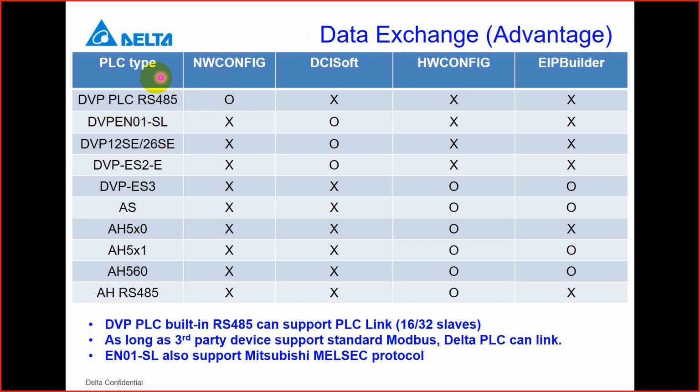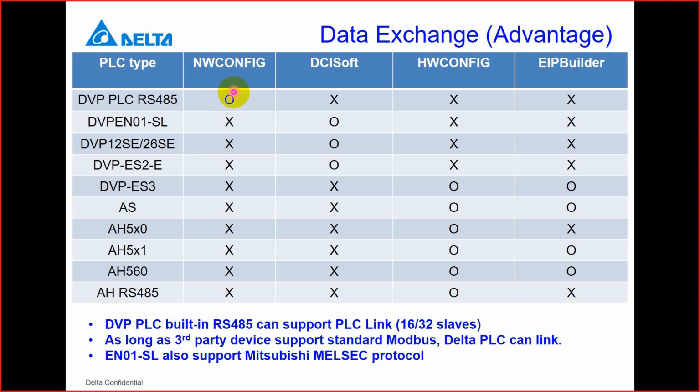Okay, here you can see for the different devices, we might use different software to do that. In DVP PLC RS485, we have to use the network config. Definitely, some of you might say we can use the standard way, just move data to a specific data register.